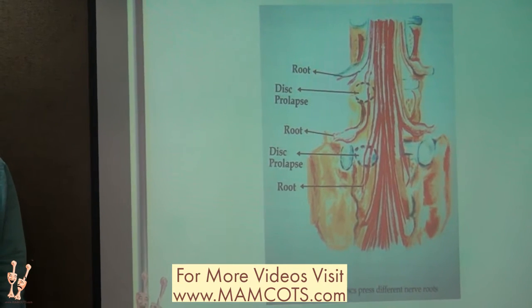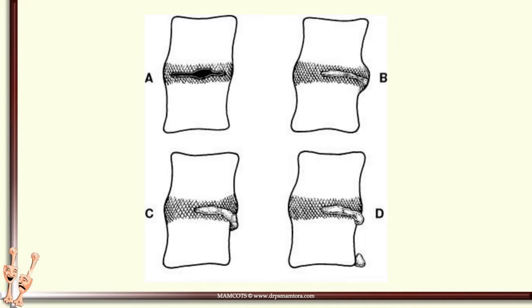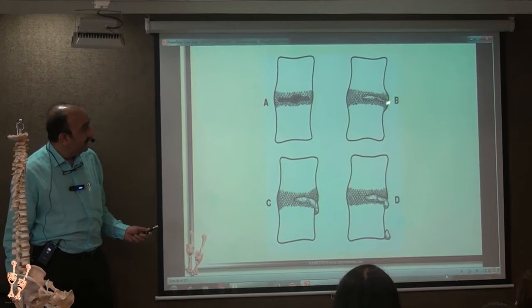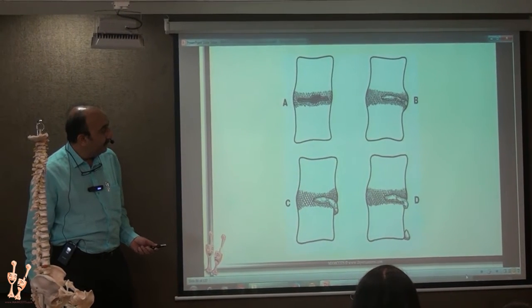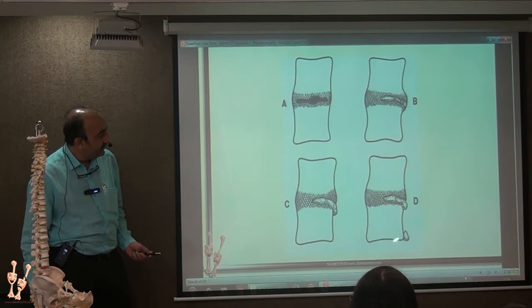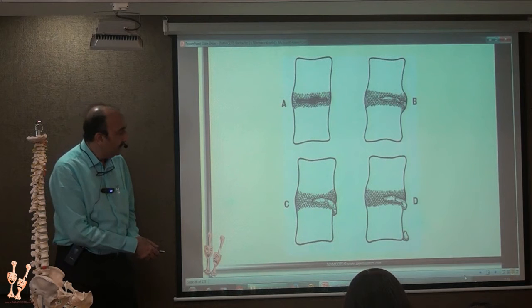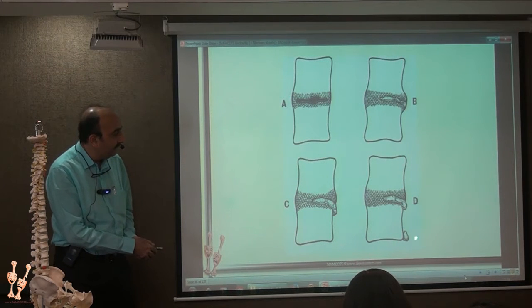This is when you are looking at MRIs. I mean, this is of importance when you look at MRIs. Normal disc, disc bulge, disc protrusion, disc extrusion, and this is sequestrated disc. मतलब where the parent से छुट्टा पड़ गया ये.